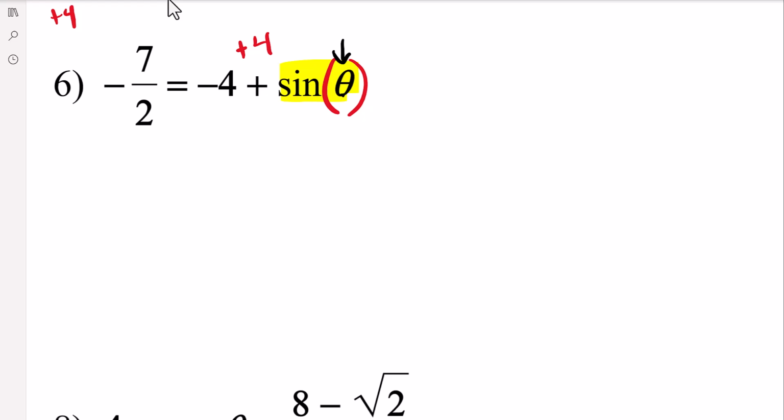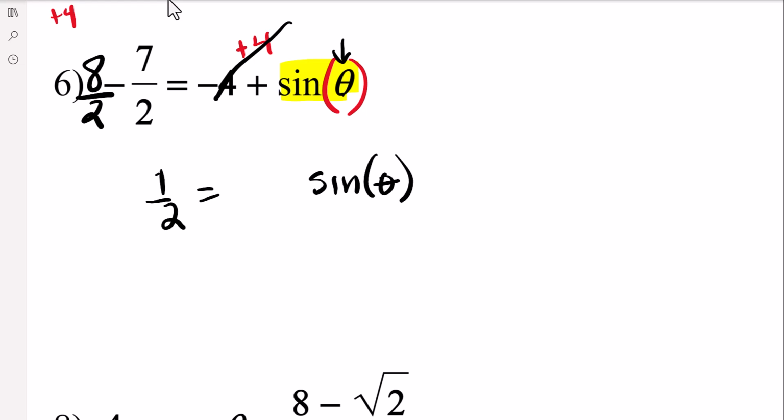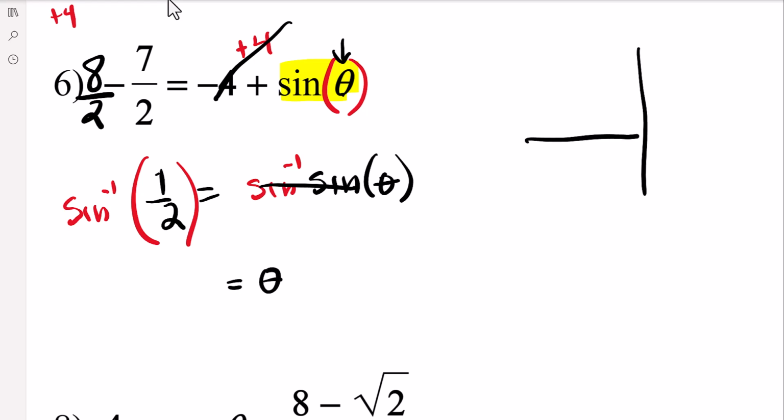All right, when we add 4 to the left side, I'm going to write 4 as 8 over 2, because now 8 halves subtract 7 halves is just positive 1 half. Those two cancel. And now we're ready. So those cancel. And then remember, sine is positive. The y values are positive in the upper 2 quadrants.